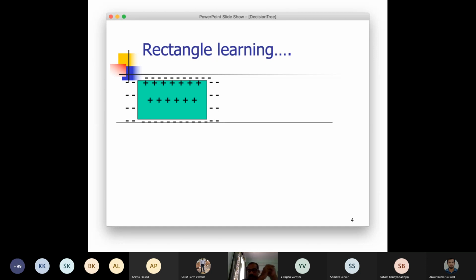You cannot have all kinds of training examples. You cannot learn with a single rectangle, as you can understand, which is consistent also. But if this is the form of hypothesis, where you are presenting your hypothesis only in the form of a single rectangle, we call it a conjunction. Yes, any question?